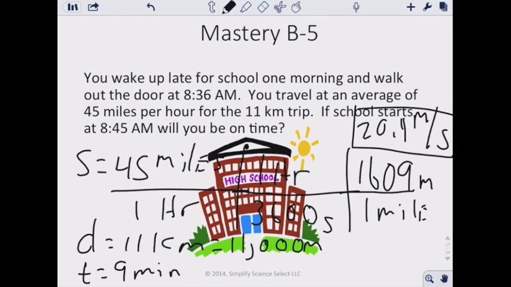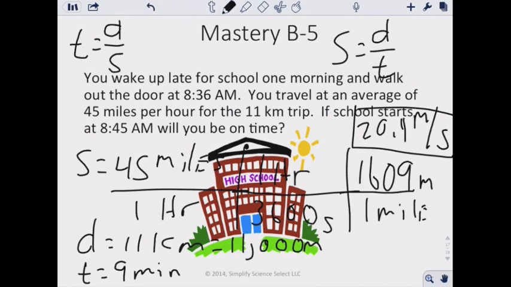Okay, so when we're looking at this, we can say that speed equals distance all over time. We're trying to figure out how much time it takes. So if we rearrange this equation algebraically, we'll get that time equals distance all over speed.